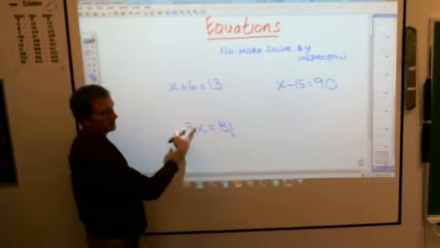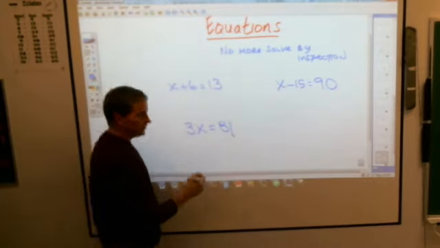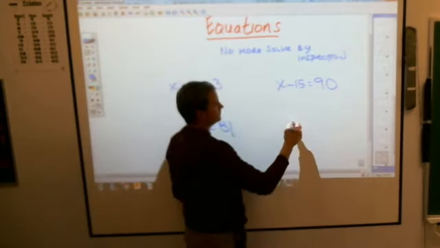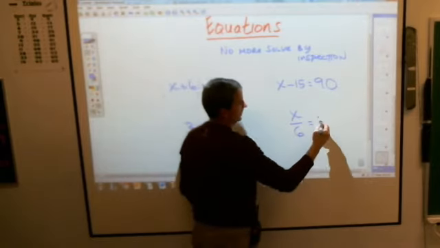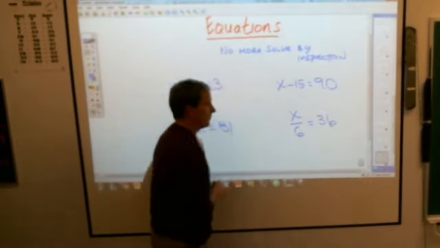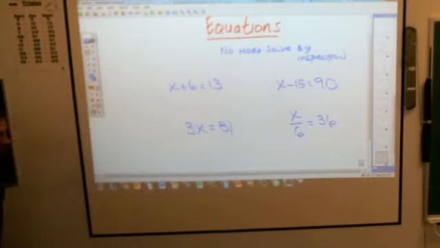We don't just put the sign there because we put the letters. And then a division one that looks like this: x divided by 6 equals 36. Okay, got that? These will be your base sort of things.